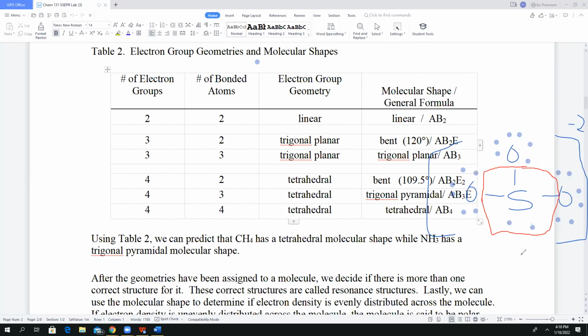Okay, so you see one group right here. So we'll check it: 1, 2, 3, and 4. So we have 4 groups, yes? 3 are bonded, right? 3 are lines. Let's do a plus on these, the ones that are bonded.